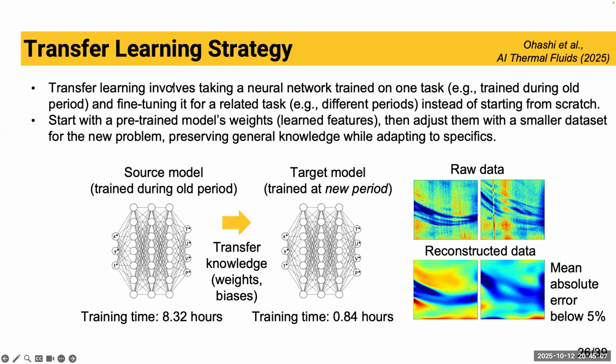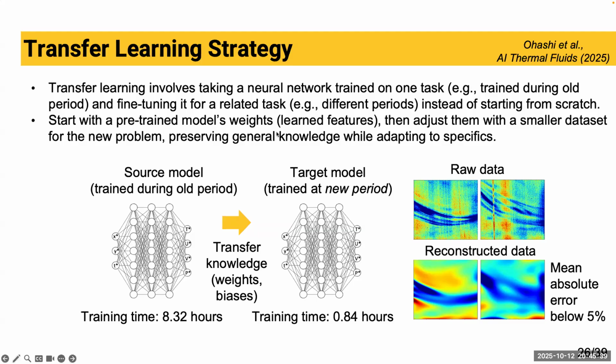This strategy is similar to how people learn. When we learn really complex physics, we spend a very long time. We can spend a couple of hours to understand the underlying principle, and it will take again a lot of time to solve the problem. However, once we study such a problem, and we now try to solve a second problem that is similar to the first, it's not going to take such a long time.